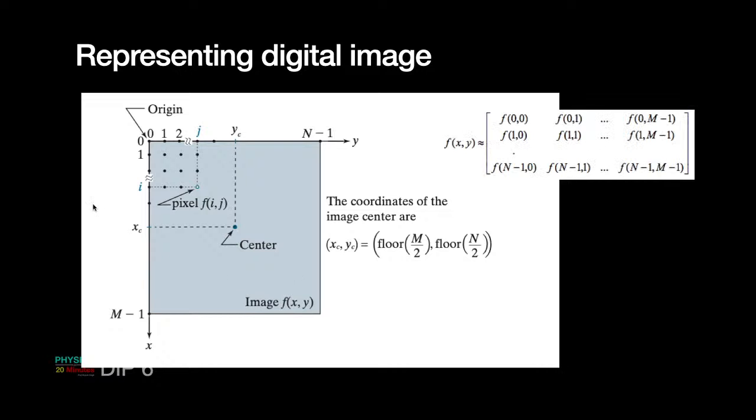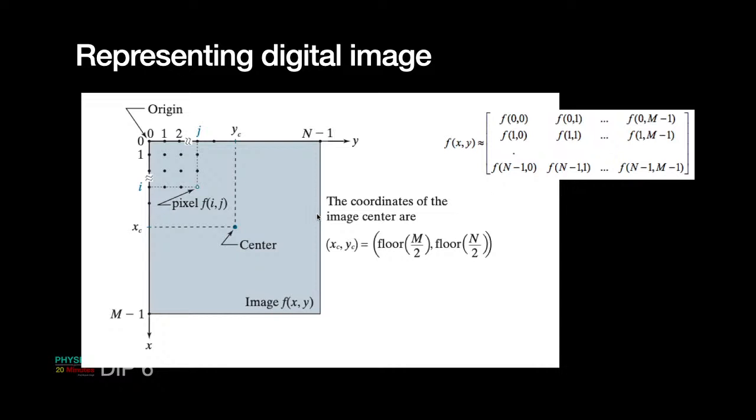So now I can transfer this entire plane into a matrix plane where the number of rows of the matrix are the same as the number of rows of this image, and the number of columns are also the same.